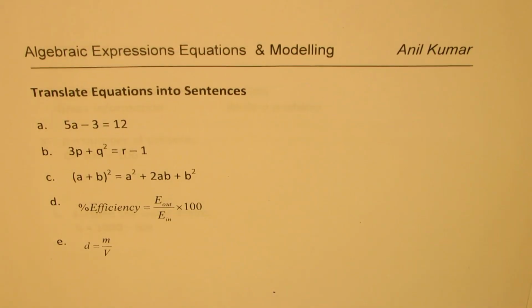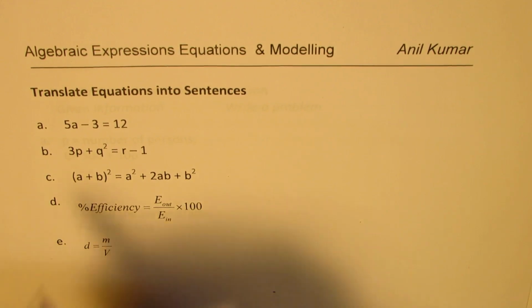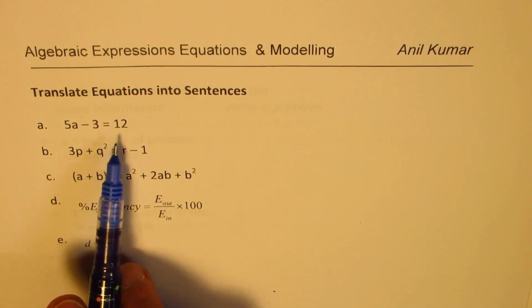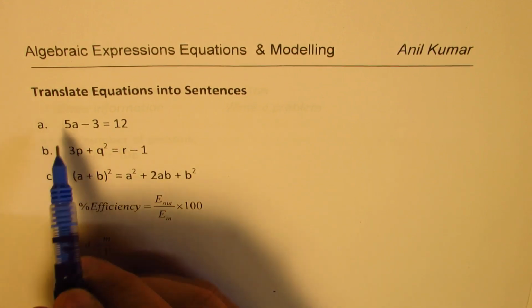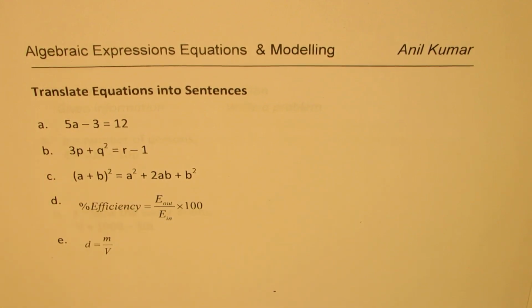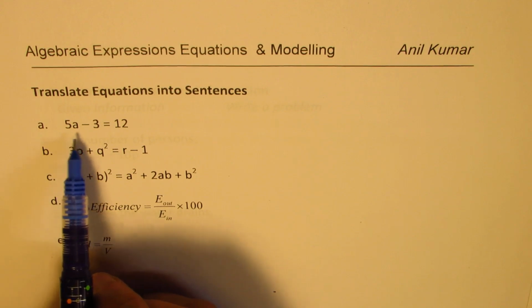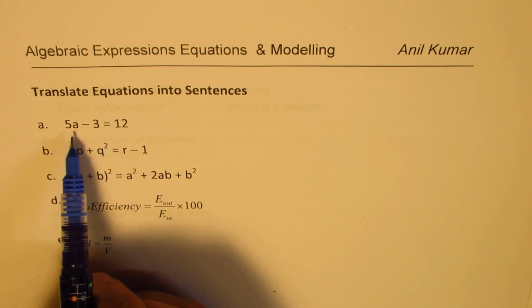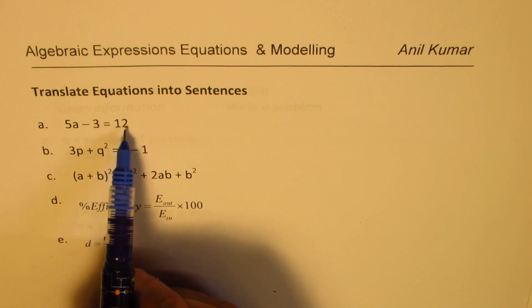Now in this particular case, the exercise is to translate equations into sentences. So we are given the equations, we need to write a description for these in the form of a sentence. 5a minus 3 equals 12. How will you write it? So you could say 3 taken away from 5a, 5 times the number, is 12.